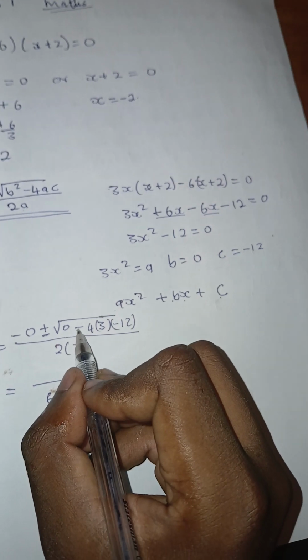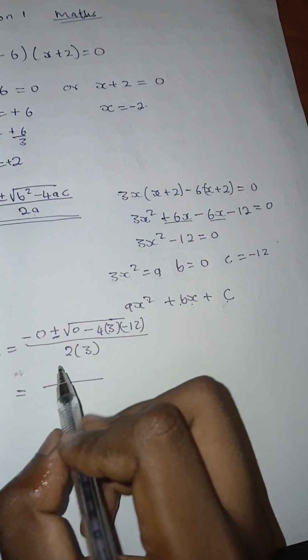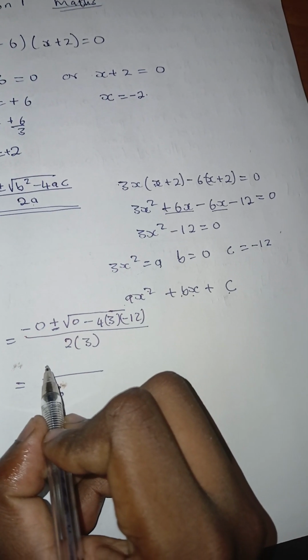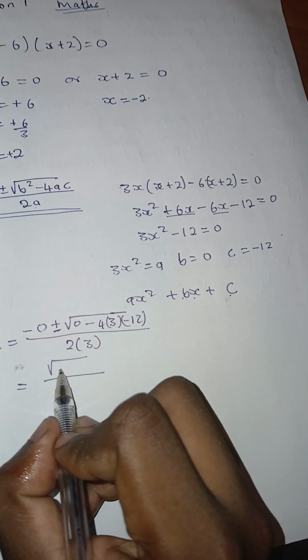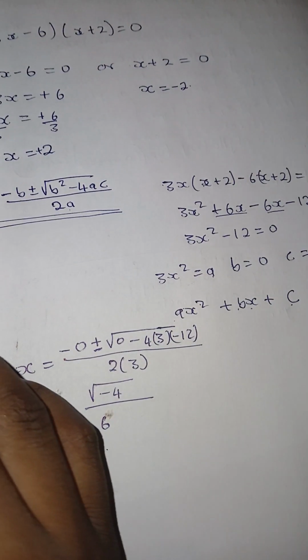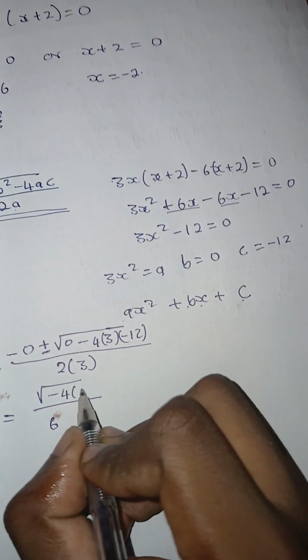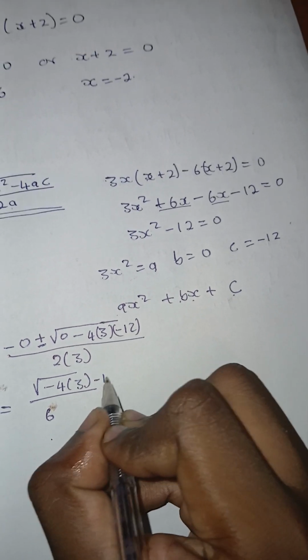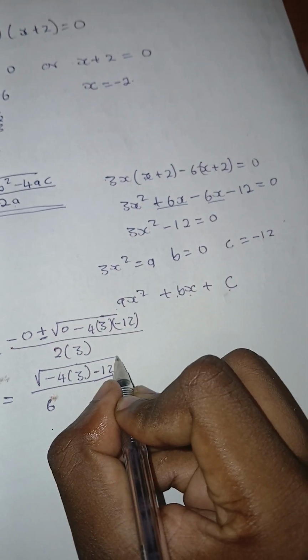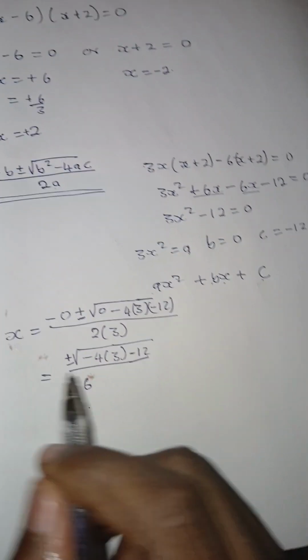You can see that this negative is going to cancel with this negative, and then we're going to say the square root of negative 4 times 3 times negative 12, which is still plus and minus here.